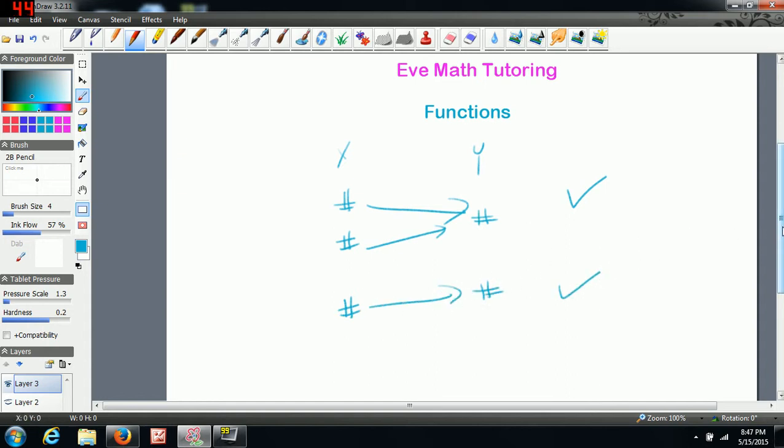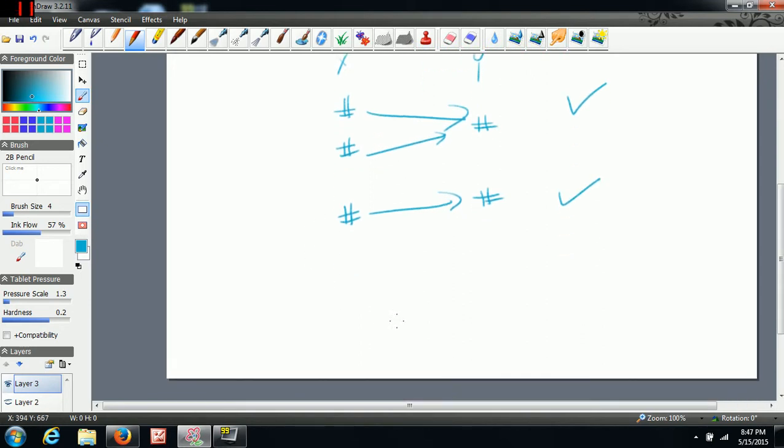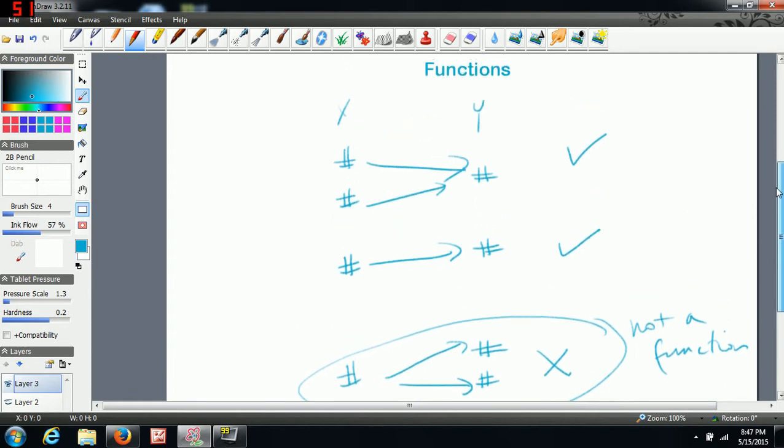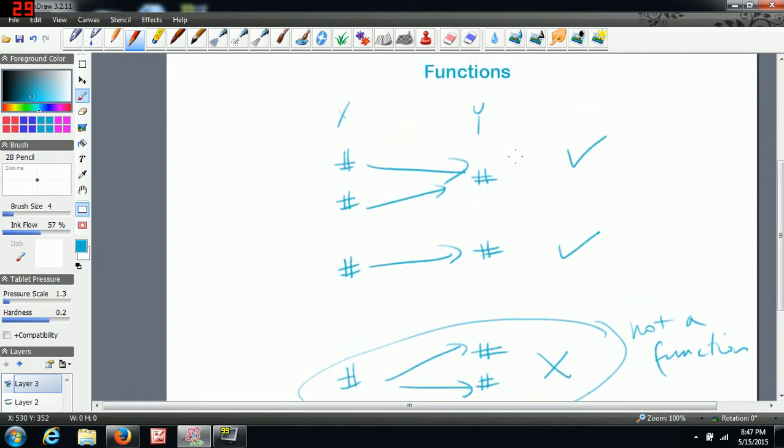But what is not allowed in functions is when you have one number for x that goes to two numbers for y. That is not considered a function. So this situation is not a function, this is maybe a relation, and these are considered functions. So that's how you can remember and see if something is a function or not.